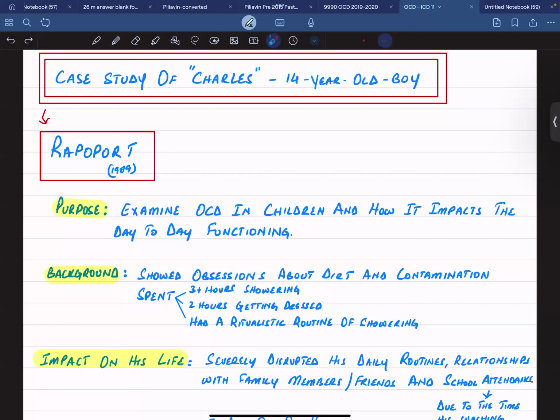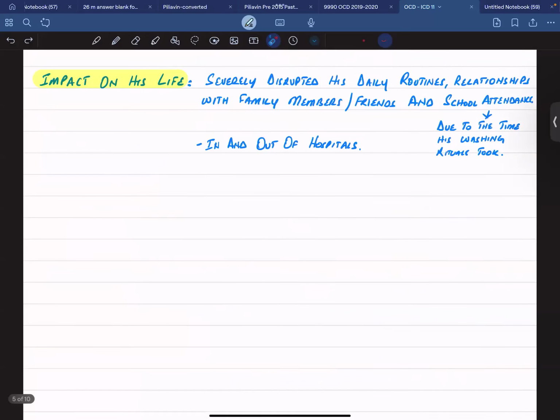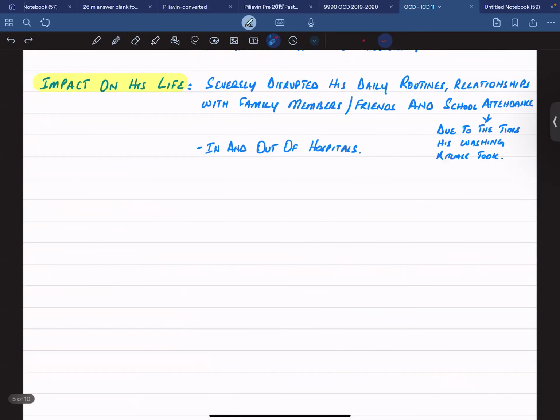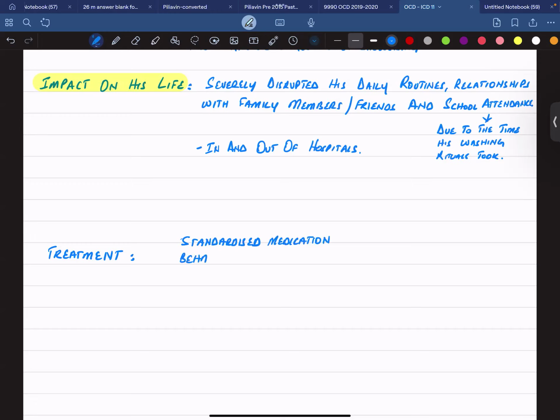Now, if I may add to this part, if I write treatments over here: number one, standardized medication. The second could be behavioral therapy.